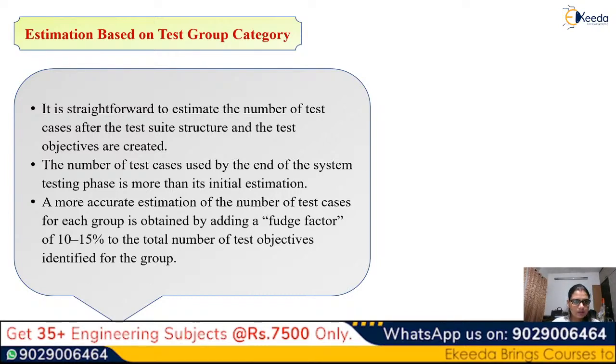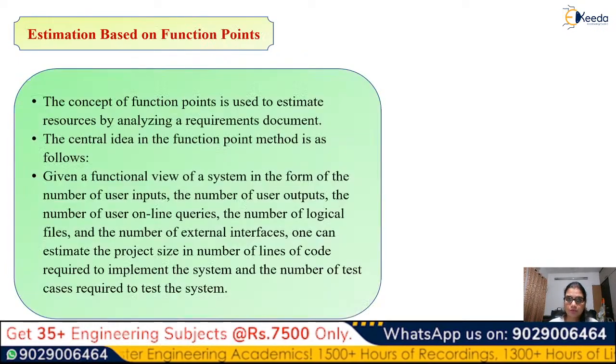That means the number of test cases used at the end of the system phase is more than its initial estimation. As I say, estimation changes. It changes from what you planned before to what happens after.